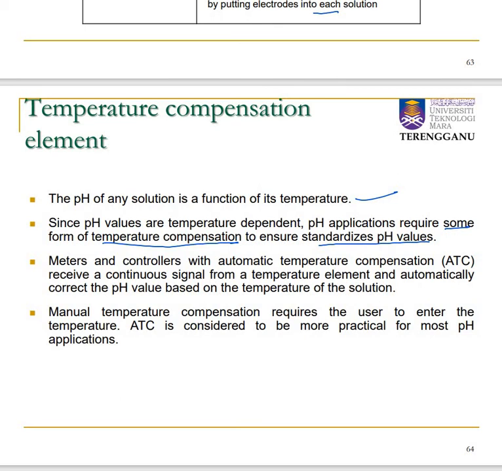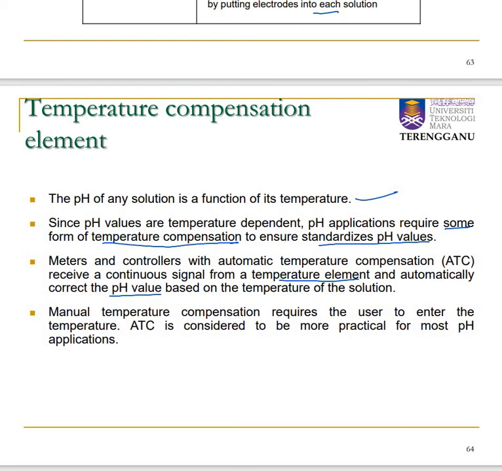A meter and controller with automatic temperature compensation, ATC, receive a continuous signal from a temperature element and automatically correct the pH value based on the temperature of the solution. So this is a type of indirect control.